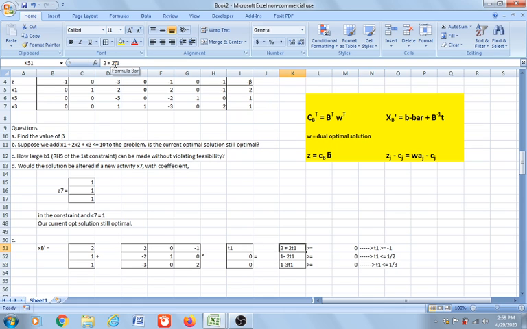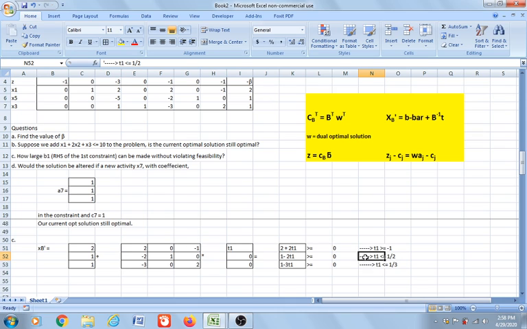Now, it is very easy. 2 plus 2T1 bigger than or equal to 0, so T1 bigger than or equal to minus 1. 1 minus 2T1 bigger than or equal to 0, so T1 less than or equal to a half. So from those three constraints, T1 is bigger than or equal to minus 1. That means you can increase the value of T1 as much as you want, but the lowest value of T1 must be minus 1.